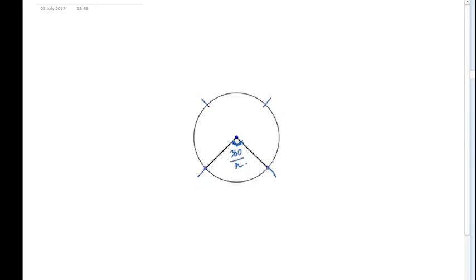If I had divided it into 6 parts, let's say these were divided into 6 equal parts, whatever, just assume that these are 6 equal parts, then this angle becomes 360 by 6, equal to 60 degrees. So basically however many equal parts you divide, that would be the angle that you will get at the center.